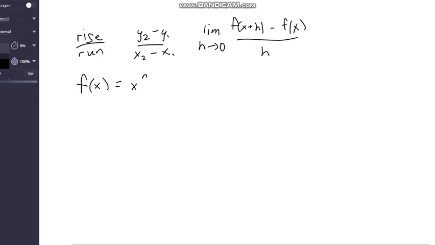Now, we plug x to the power of n into this equation, and we get limit as h goes to 0, x plus h to the power of n minus x to the power of n over h.